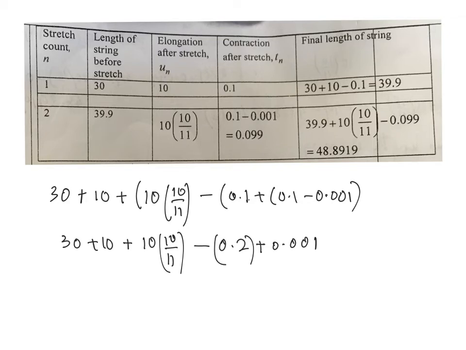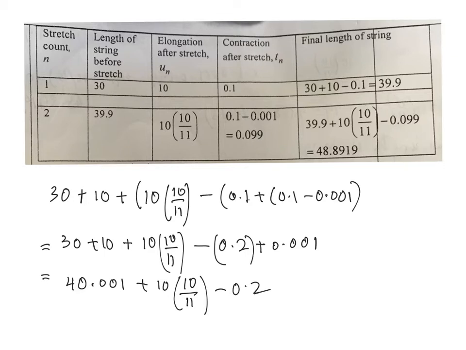And then you get 40 plus 0.001, so it's 40.001 plus 10 times 10 over 11 minus 0.2. You have to simplify this.